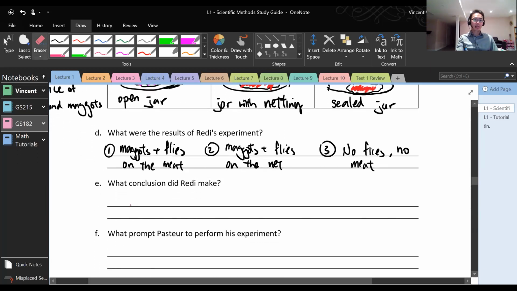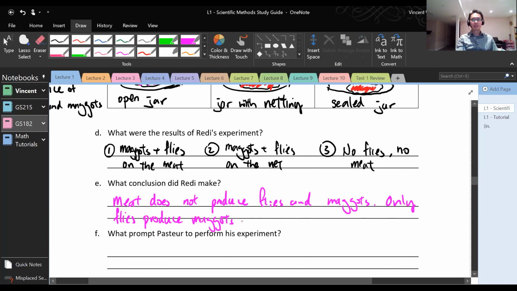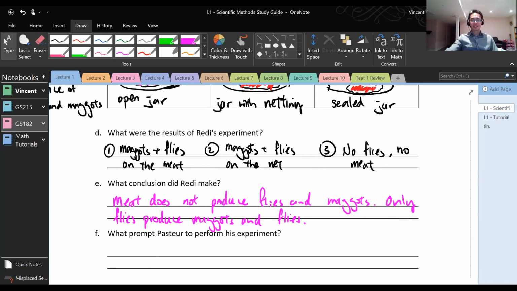So the conclusion is that meat does not produce flies and maggots. Only flies produce maggots and flies.